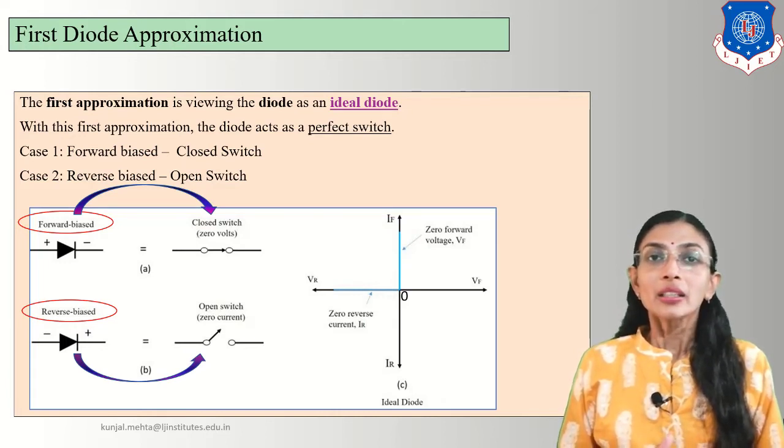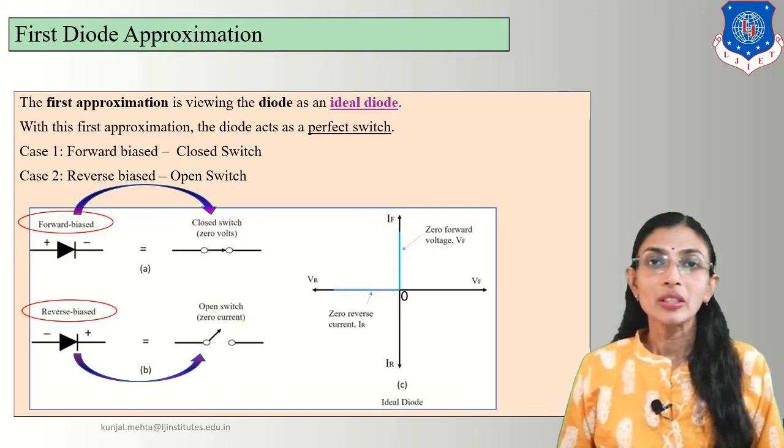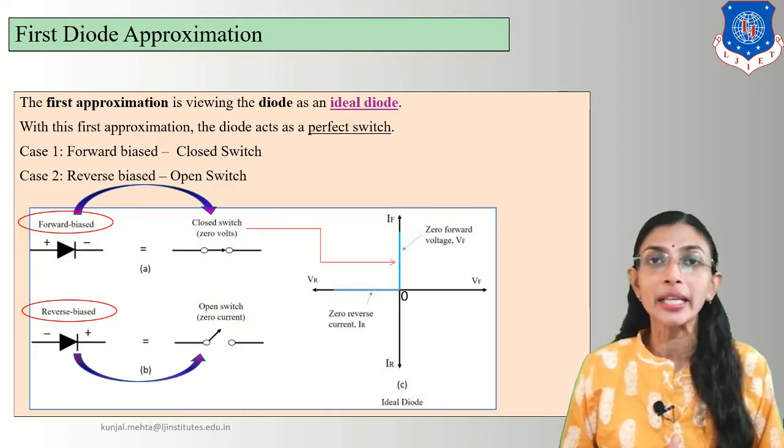Okay. Next, we will have to draw the VI characteristic of these cases. According to case 1, if the diode acts as a closed switch, that means zero resistance and maximum current flows at 0 volt, like this. And if the diode is connected in reverse bias condition, the diode acts as an open switch, the resistance is maximum, that means current equals 0.